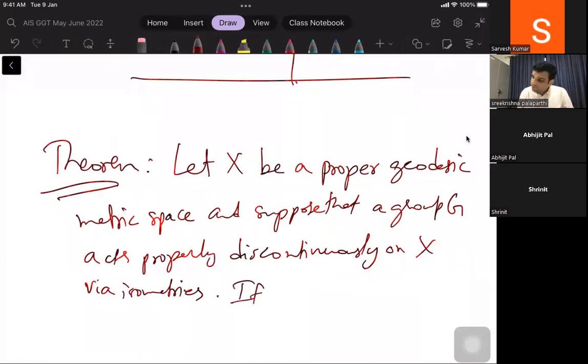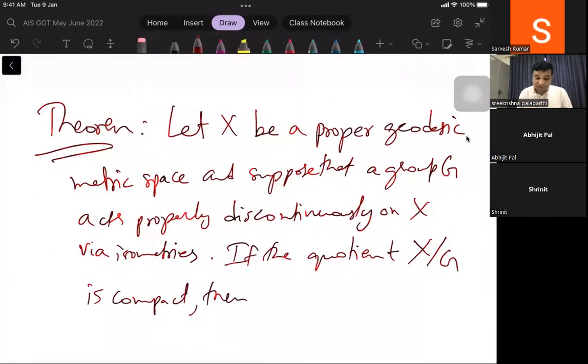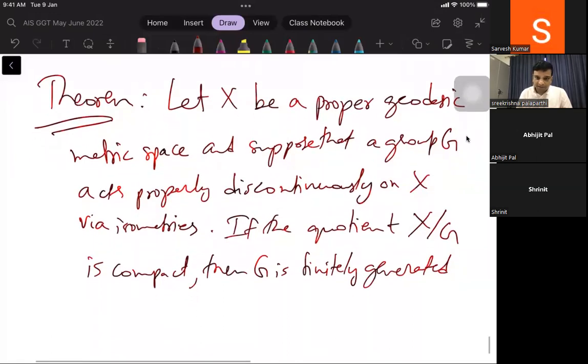If the quotient by the group action is compact, then the conclusion on the structure of G is that G is finitely generated. An awesome achievement, that you can conclude G is finitely generated.